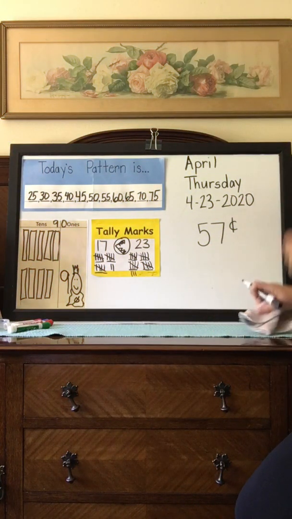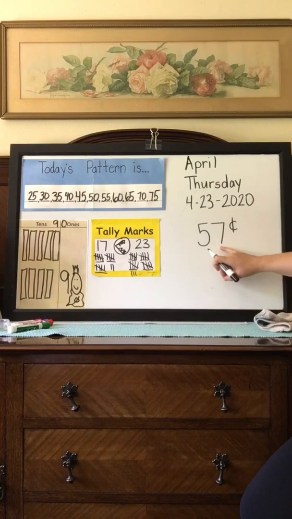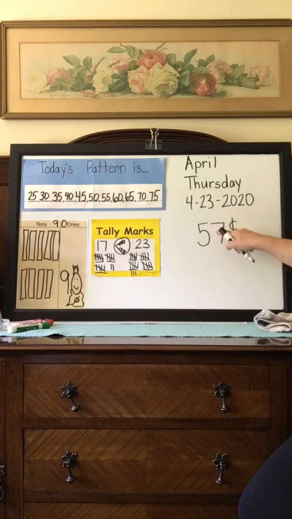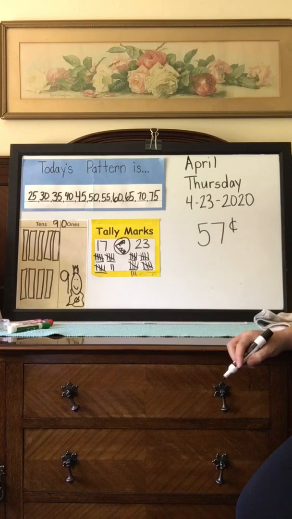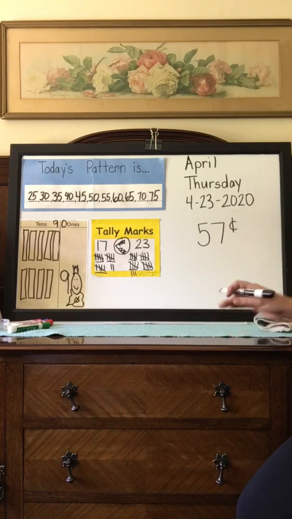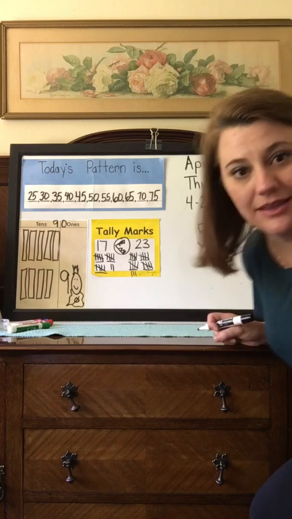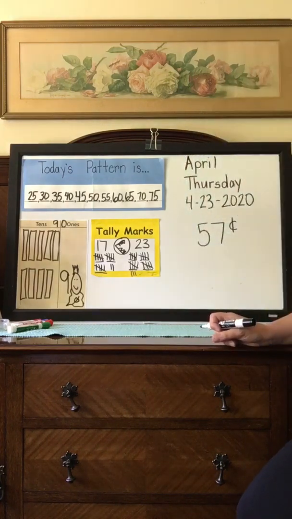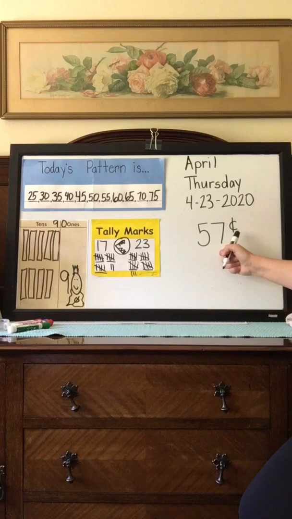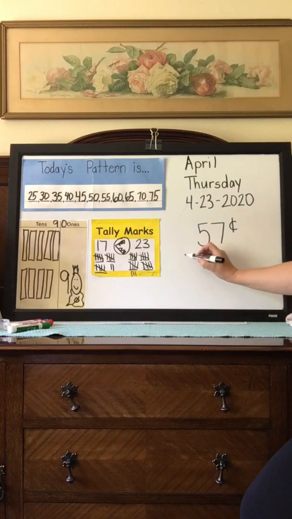If we skip count by 5s, we won't ever actually get to 57 because there's not a 0 or a 5 here. But if we tally mark with 5s, it'll tell us how many nickels we would need to make 57 cents. So help me do that.